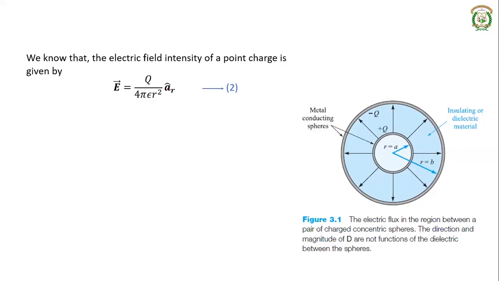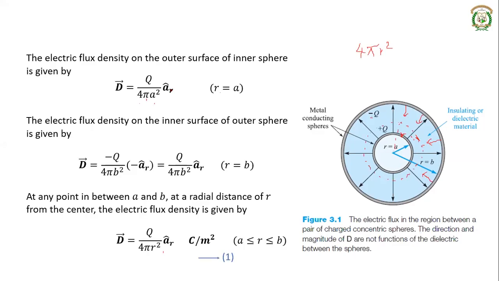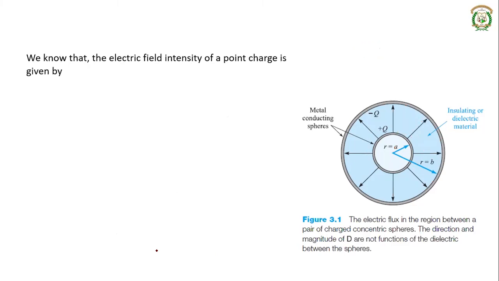So if you compare this equation, q divided by 4 pi epsilon r square ar cap, which is electric field intensity, with q divided by 4 pi r square into ar cap, what you can observe is there is only one difference: in D there is no epsilon, whereas in E there is epsilon, right? That's why, if you try to get the relation between E and D, E is equal to D divided by epsilon, right?